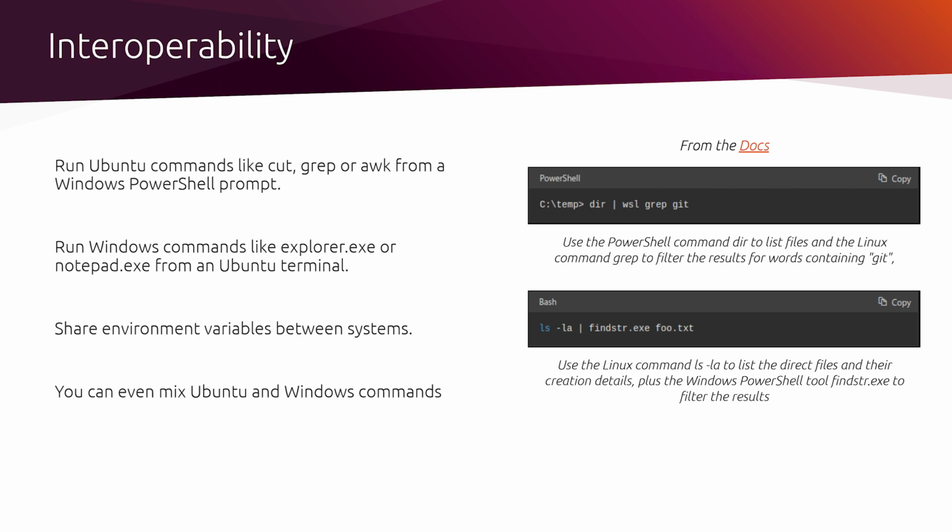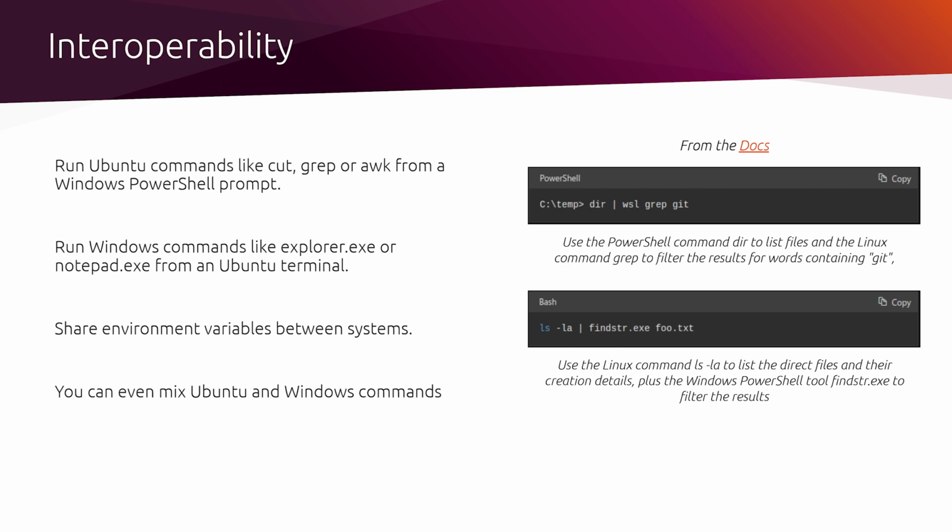But you can also do it the other way around: execute a command inside your WSL instance and pipe it to a Windows command. You can start, for example, Notepad or Explorer from Linux, and you can run any Linux command from your Windows machine. So you get the best of both worlds.